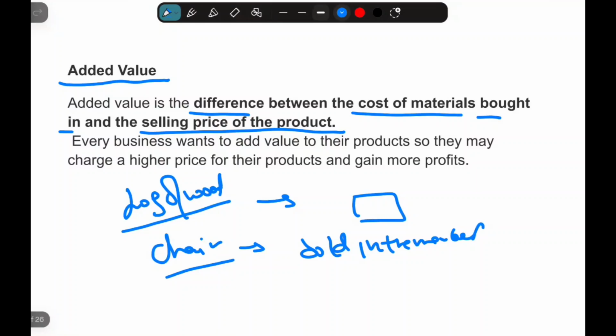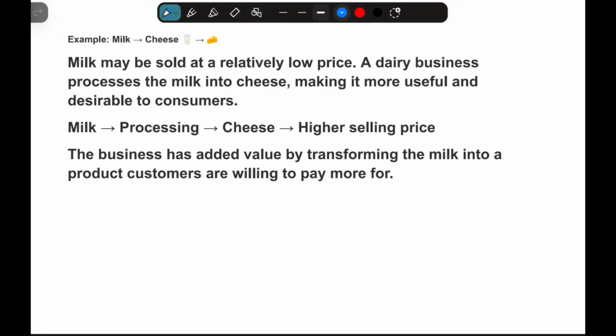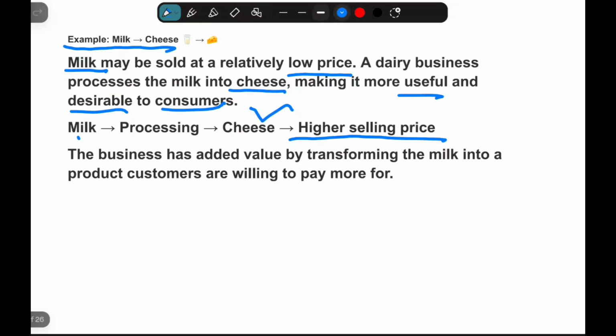Every business wants to add value to its product so it may charge a higher price and gain more profit. Example, milk. Milk may be sold at a relatively low price. A dairy business processes the milk into cheese, making it more useful and desirable to the consumer. So the milk is converted into cheese and a higher price will be charged.